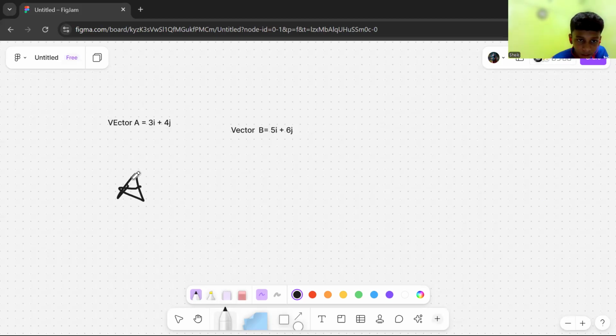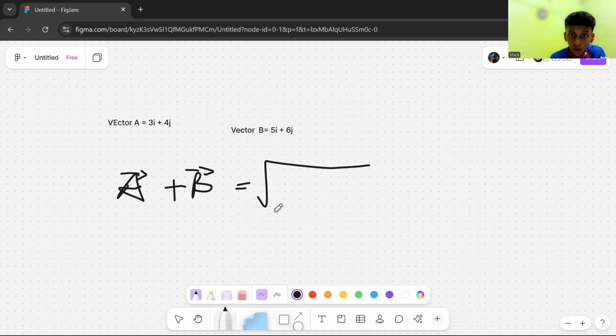Vector A plus vector B is equal to root of vector B first value minus vector A first value.